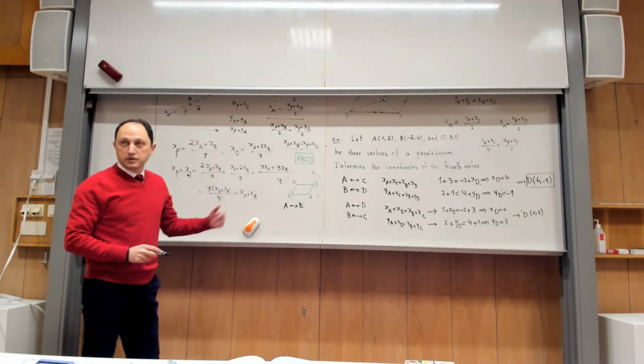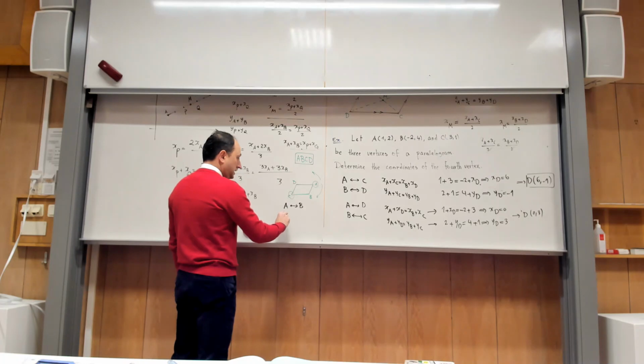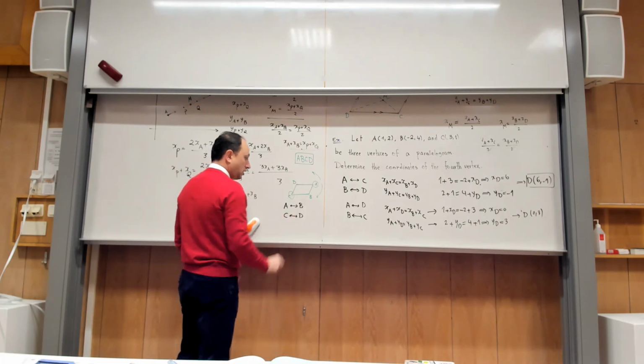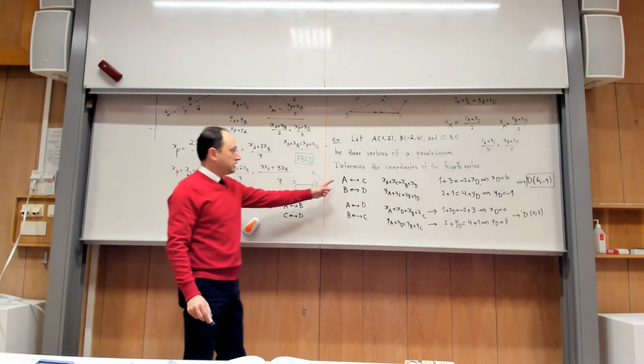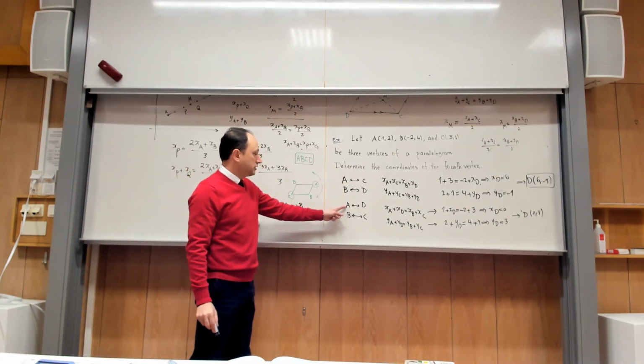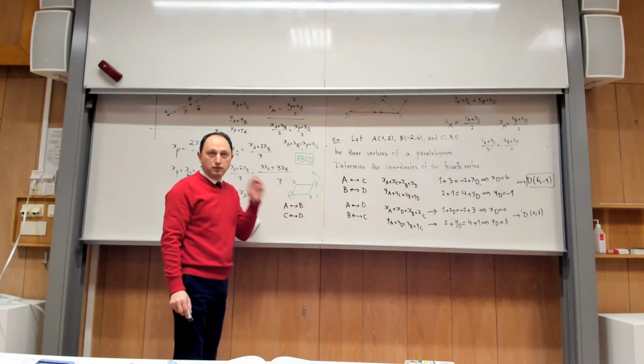If A is opposite to B, then what will happen? For C, I am forced to make it opposite to D because I have only 4 vertices. So you see, I considered A with C, I considered A with D. The only one left is to consider A with B as well.